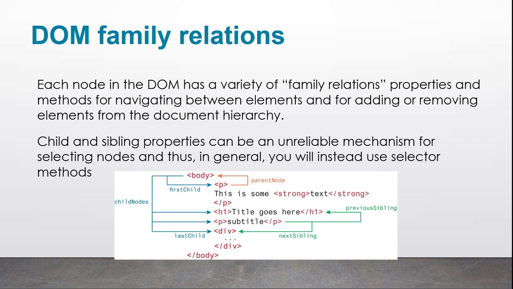Each of them has child nodes. So the next level down is our children. The first child is the first one that appears. The last one is the last one right before that closing tag. And then they are all siblings. So you can step through them using next sibling and previous sibling. So just keep that in mind, right? All right.